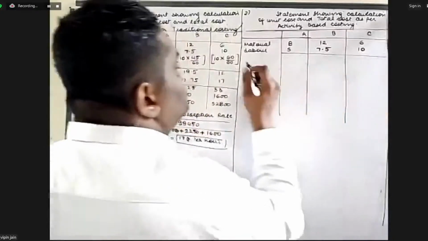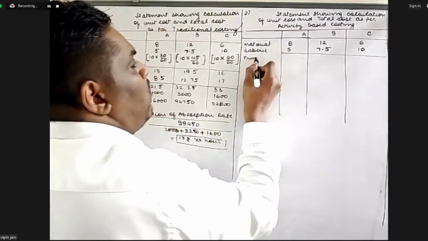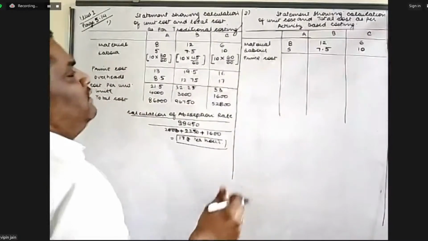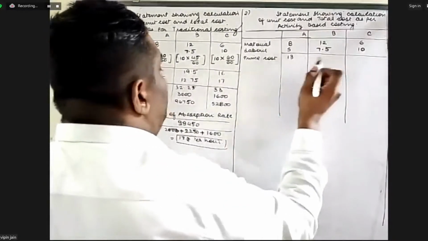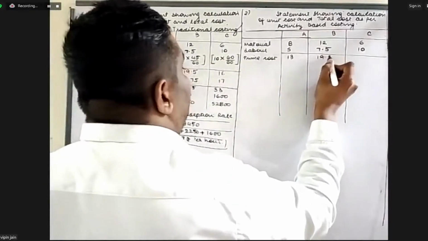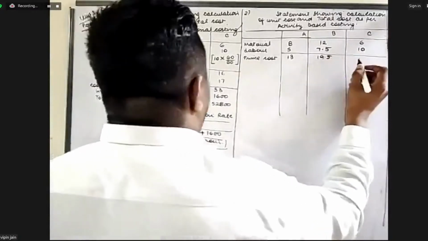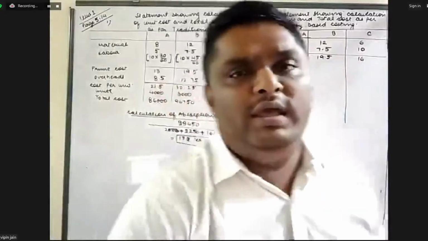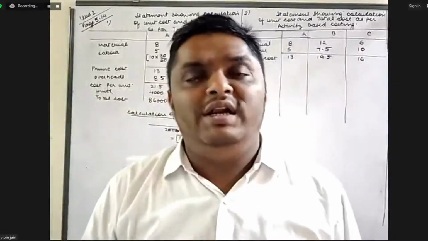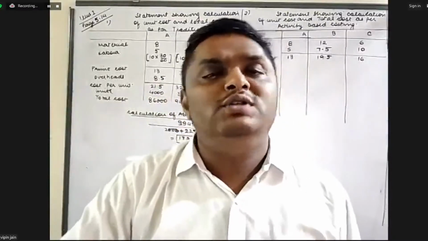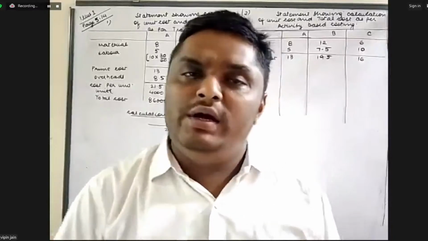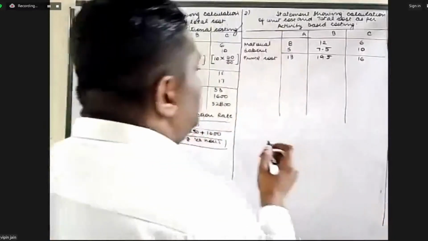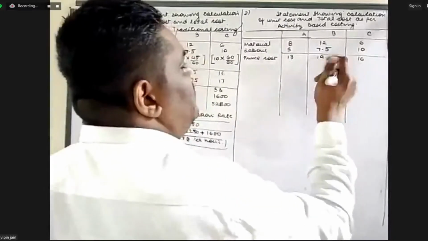So we'll get the prime cost, and it will be 13, 19.5, and 16. Now, instead of going per unit for the overheads, we will first calculate the total prime cost, total overheads, and then we will calculate the unit cost. I find this approach a bit easy. So now we'll calculate the total prime cost.